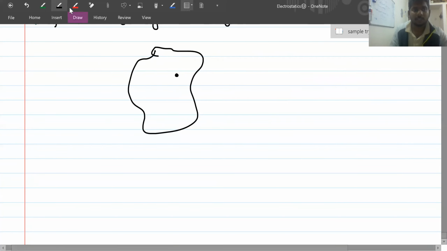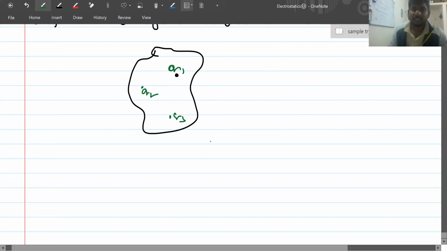Suppose there is a random shaped body. I'll try to explain it further here. Q1, Q2, Q3, say charges are there in this. So the electric flux due to these charges from this surface, I drew a Gaussian surface.